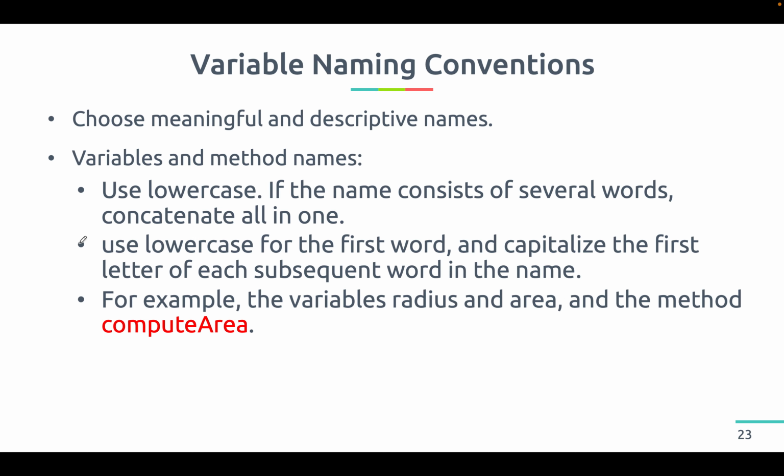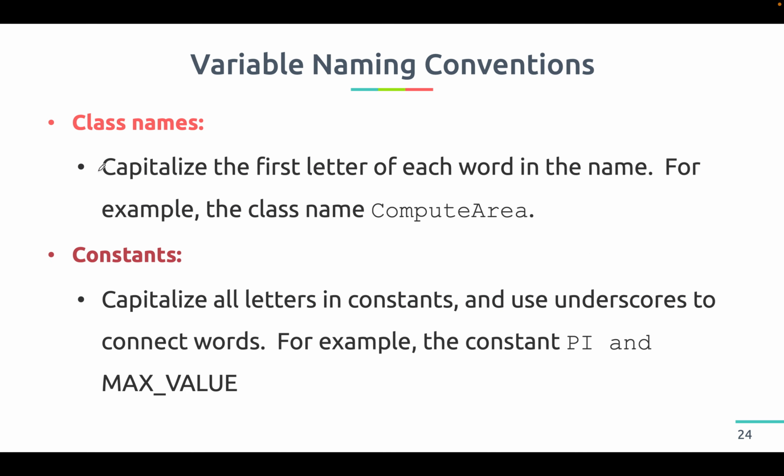So this is about normal variables, and then here we talk about classes. As I said, for classes, we start with a capital letter for the first word and every other word. Constants, the same as we're used to in C++. The constants are written all caps, and if they're different words, then we add an underscore between them.